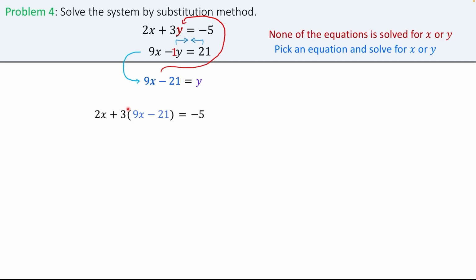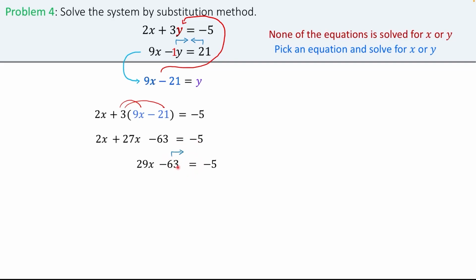Next, remove the parenthesis using the distributive property. 2x, 3 times 9x is positive 27x. 3 times negative 21 is negative 63, is equal to negative 5. Now simplify. 2x plus 27x is 29x minus 63 is equal to negative 5.